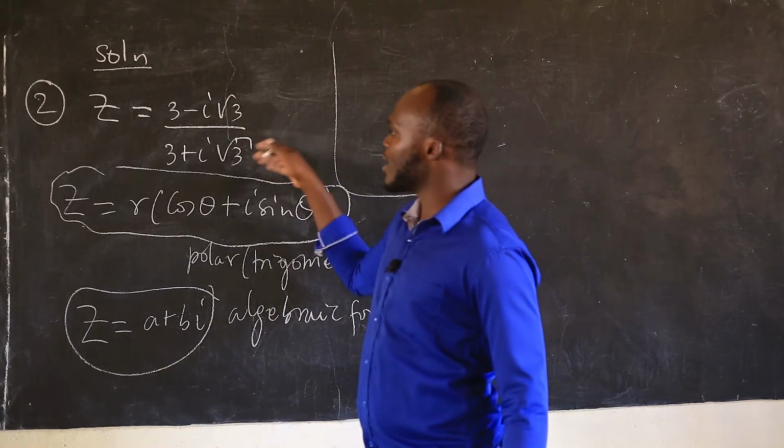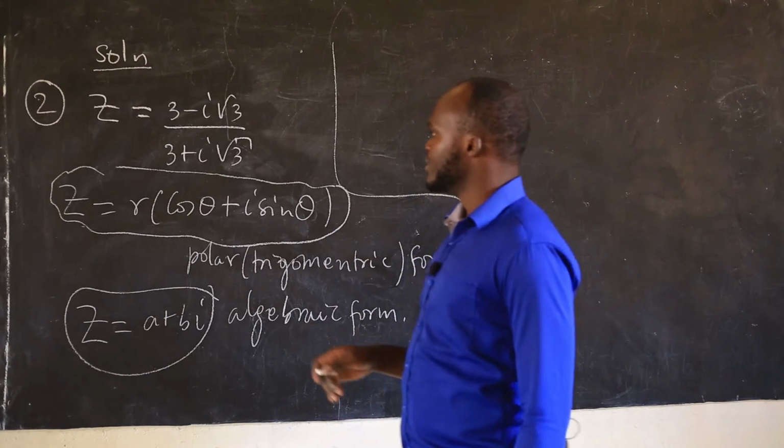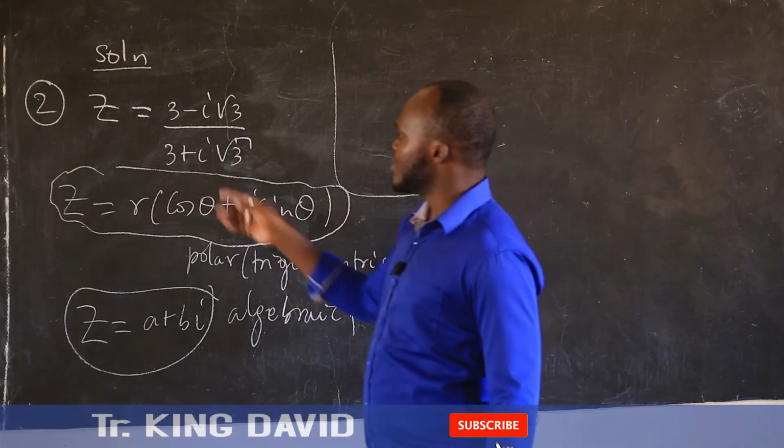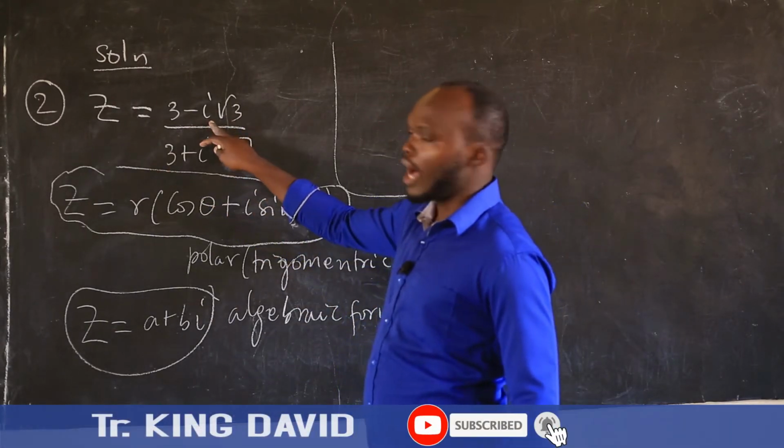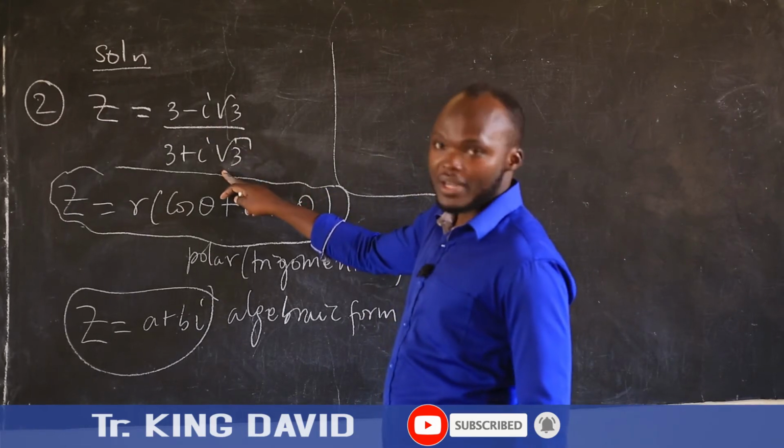So we have z. How can we express this one into polar form? We have z equal to a complex number divided by a complex number.